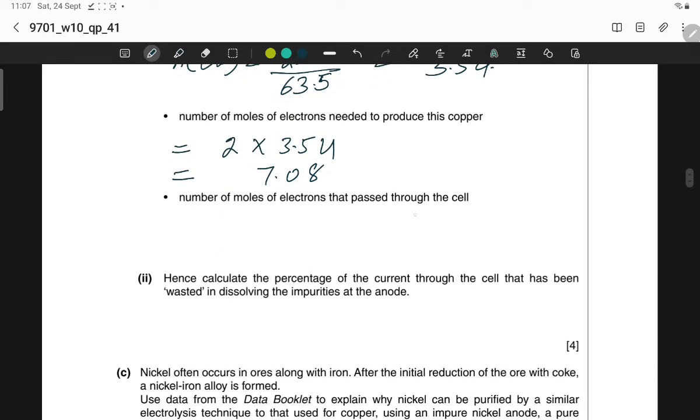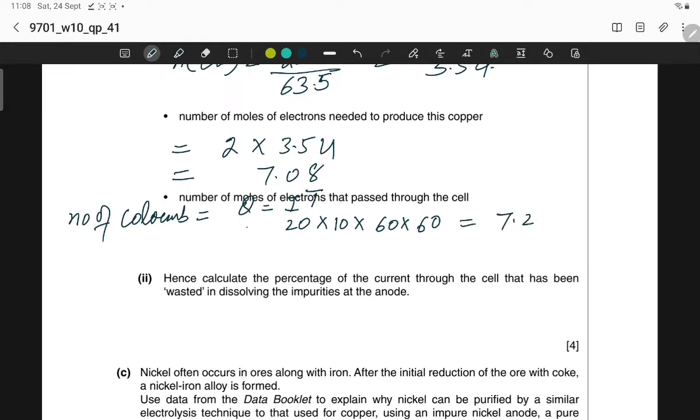Number of moles of electrons that pass through the cell: the number of coulombs Q is equal to I times t, which is 20 times time in seconds, 10 times 60 times 60. This is equal to 7.2 times 10 to the power 5 coulomb.